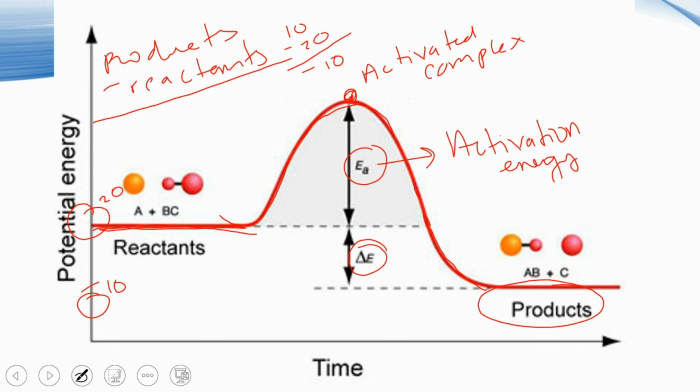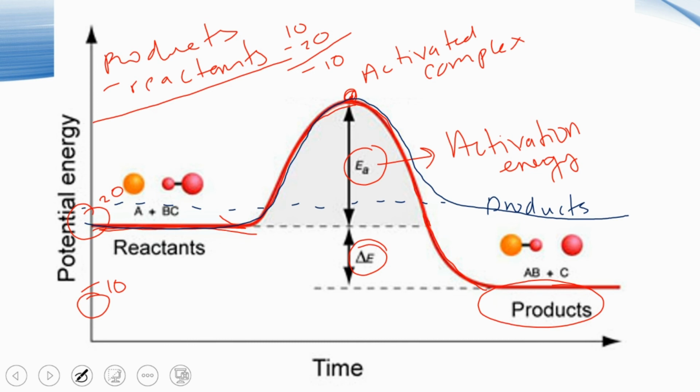Now you're going to have to imagine this one because I don't have it as a visual. But if we had a higher value for the products, let's say, I'm going to change colors here, I'll do blue. Let's say we started with the same reactants, we increase our activation energy, and then eventually we ended up here where the blue line is for the new products. That is barely above the value that we started with.